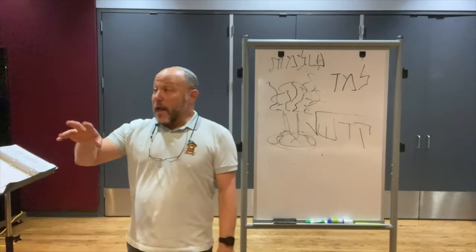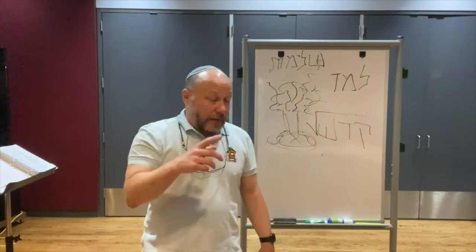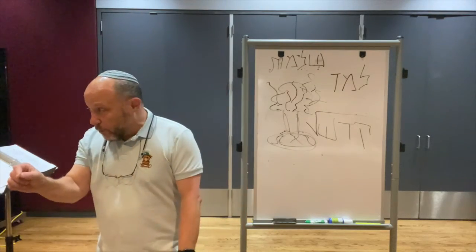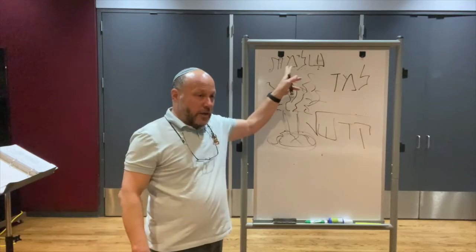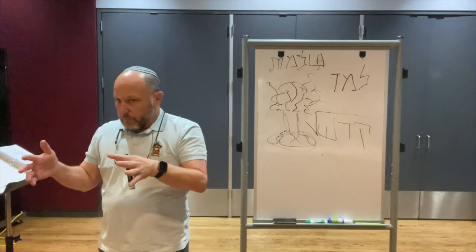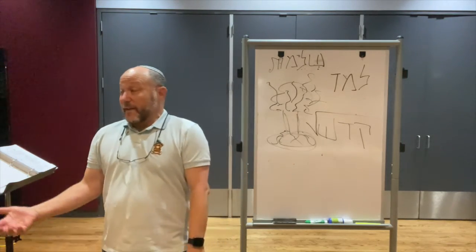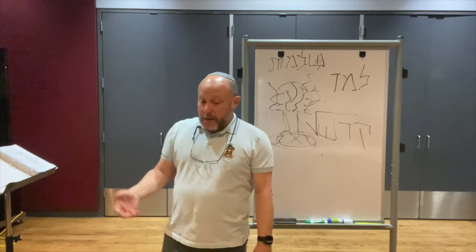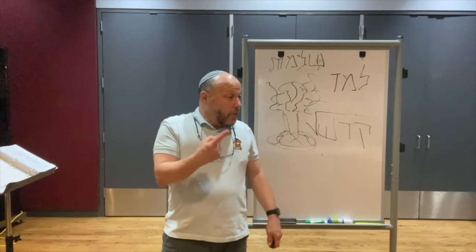Now, it's not those three letters in any particular order. It is those letters in a particular order. It's not like mem lamed shin or lamed shin mem. It has to be in that order that gives you that root. What's fascinating to me about Hebrew is that there's only one source for the language.